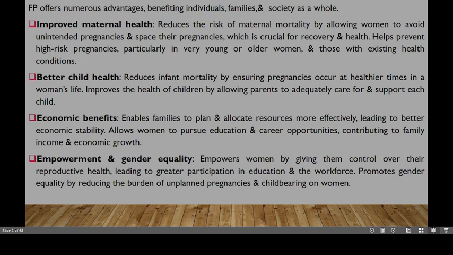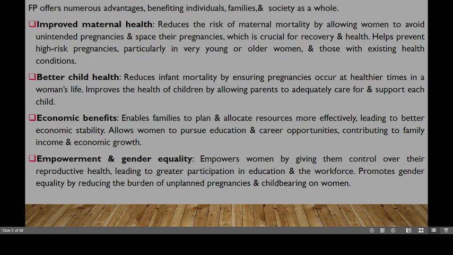Of course, family planning offers numerous advantages to individuals practicing them, also their families, and their society as a whole. Number one, family planning helps improve maternal health.